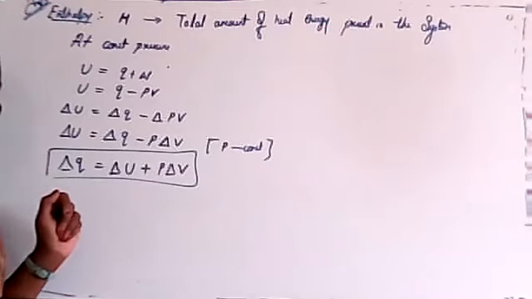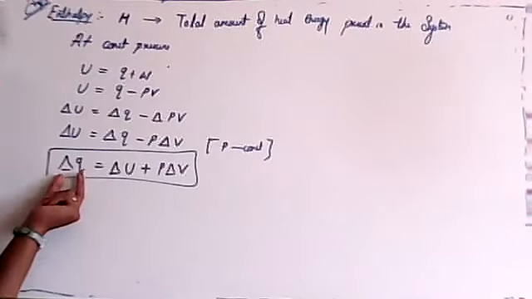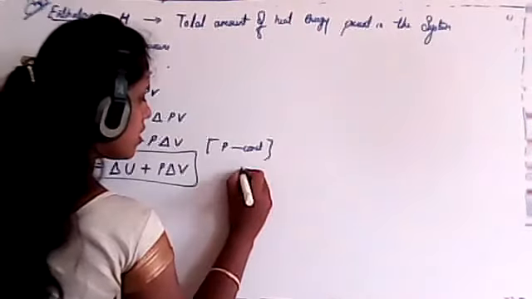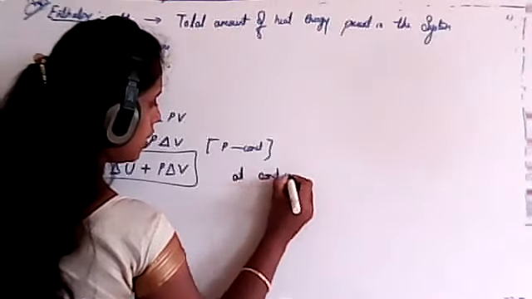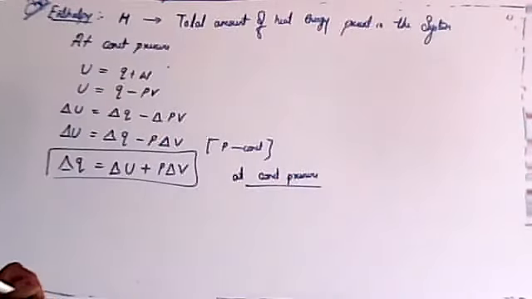Yes, Q is a path function, isn't it? But here we are considering change in Q at constant pressure, very important. In this case, we consider it at a constant pressure.